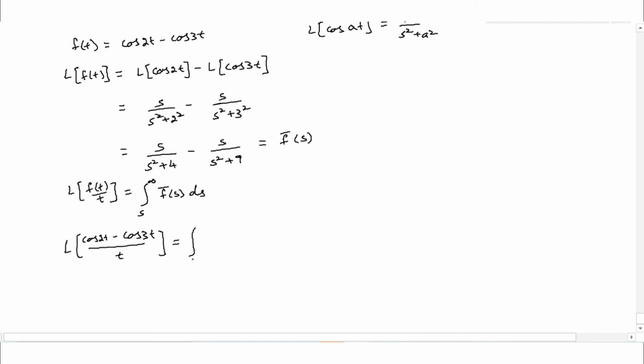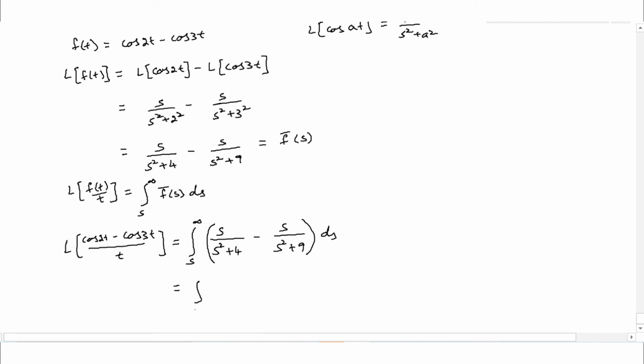This will be equals to integral s to infinity f bar of s. F bar of s is over here, it is s by s square plus 4 minus of s by s square plus 9 times of ds.